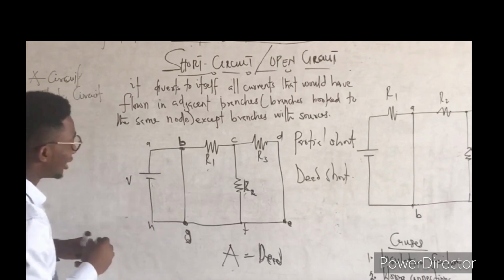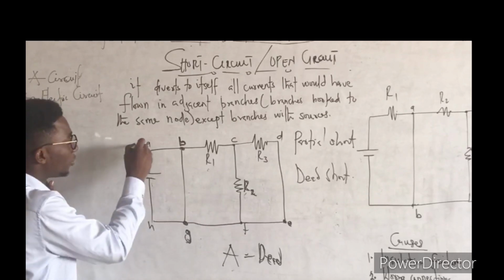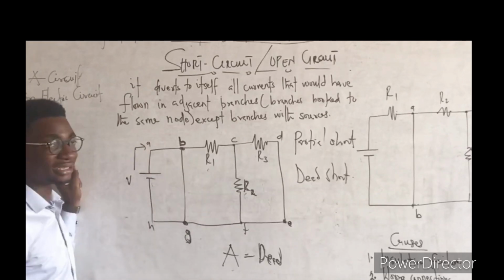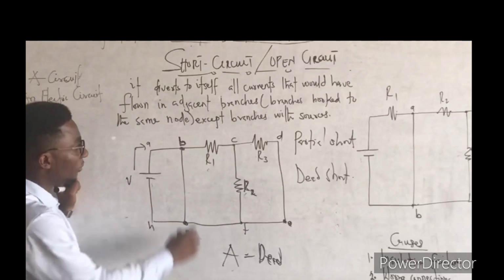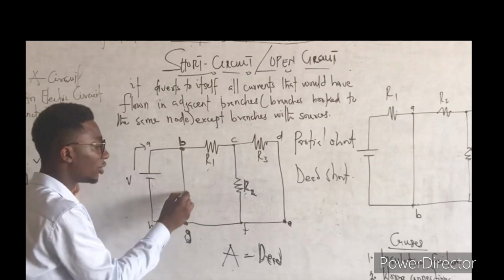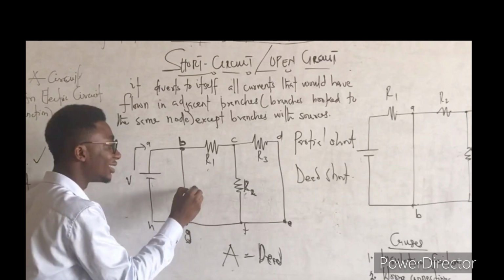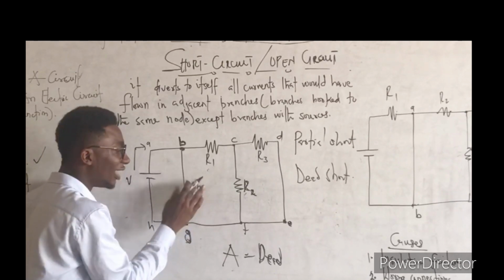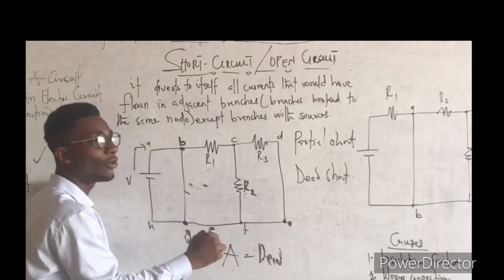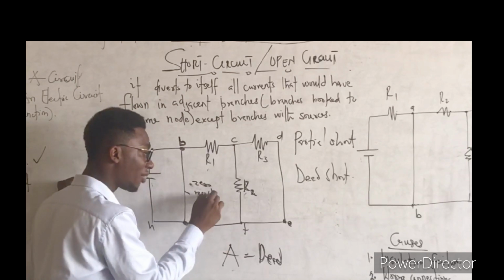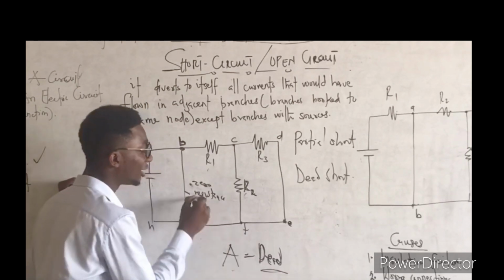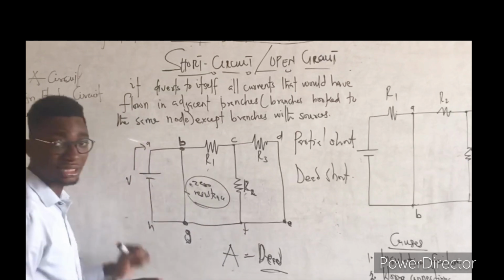Why? This is because the current that is produced to flow within this circuit has all these branches within the circuit. But because this place is a short circuit, it has almost zero resistance or even zero resistance. So with a dead short, the short circuit has zero resistance in the whole circuit.